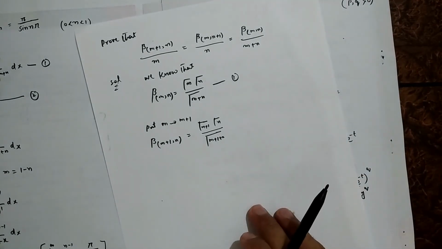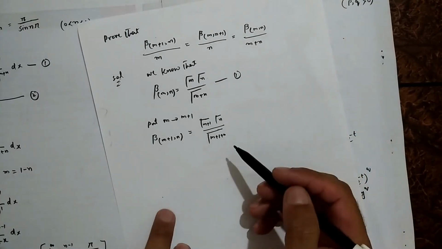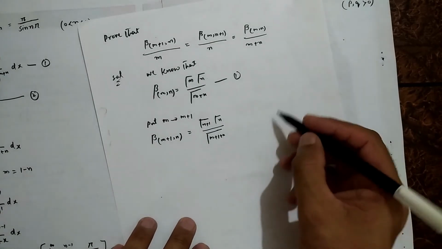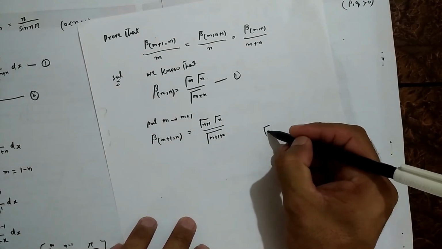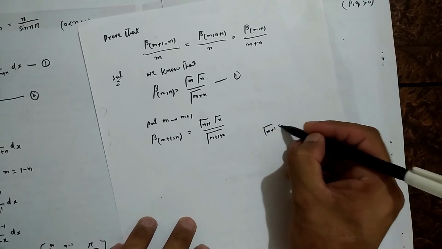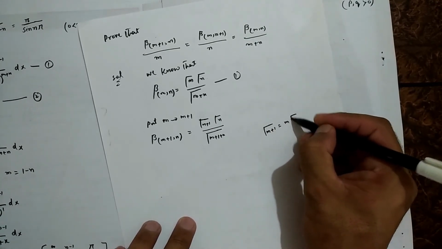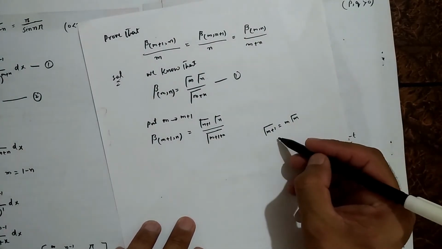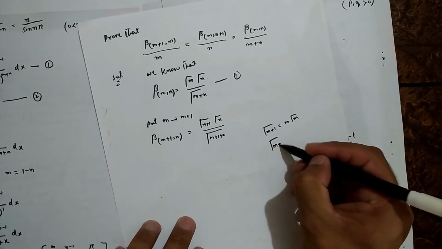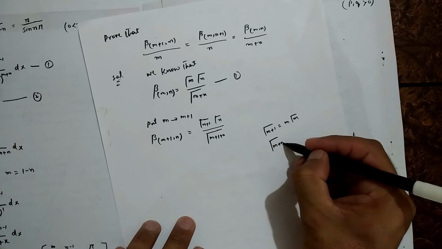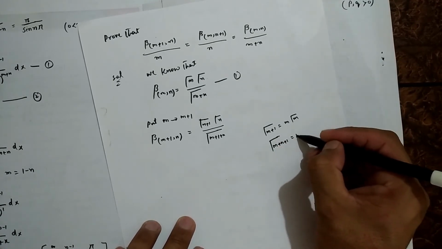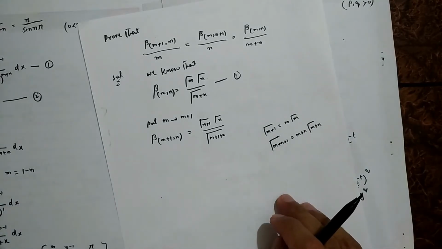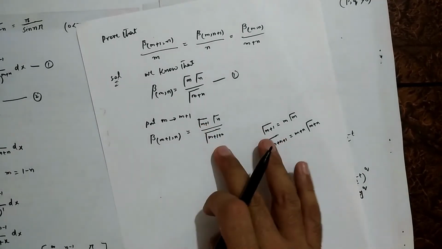So in our earliest lectures, when we were studying the properties of gamma function, we had a property that gamma (m+1) is equal to m times gamma m. Similarly, for this relation we will have gamma (m+n+1) equal to (m+n) times gamma (m+n). So let's put these relations here.